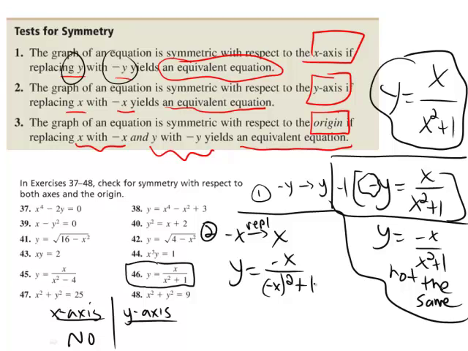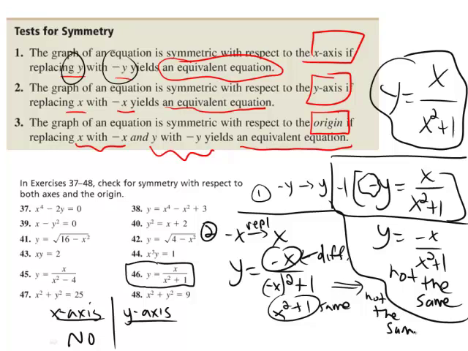And what's different about it is that you get the same denominator. You square this out, it'll be x squared plus 1. You get the same denominator, but it's that numerator that's different. And so altogether, the whole thing is different. It's going to not be the same. So that's a no to that, too.